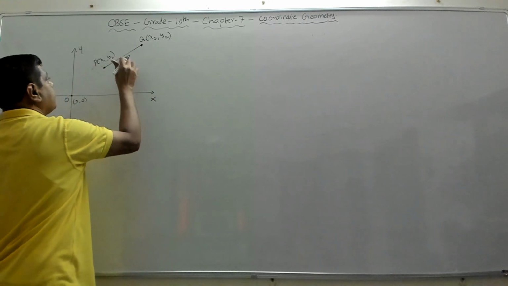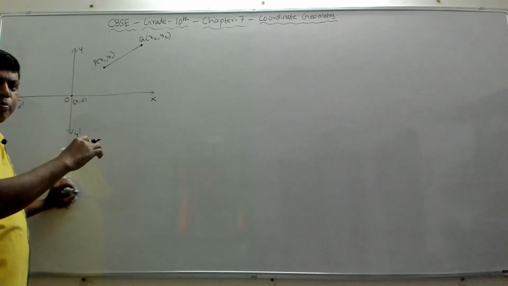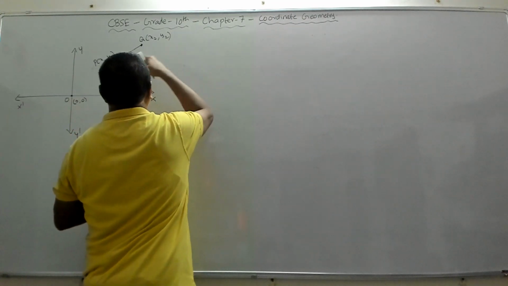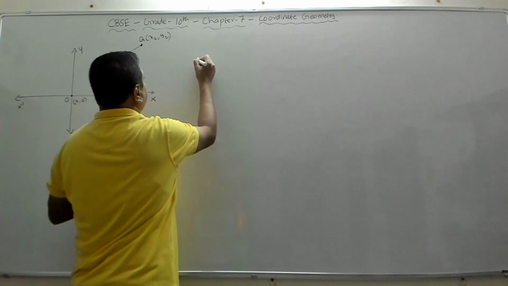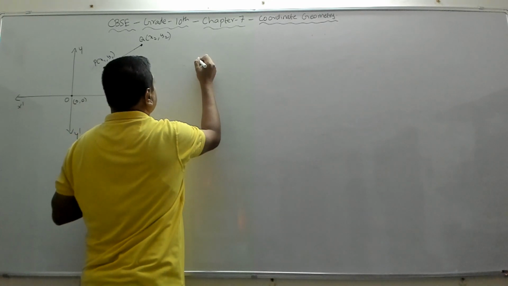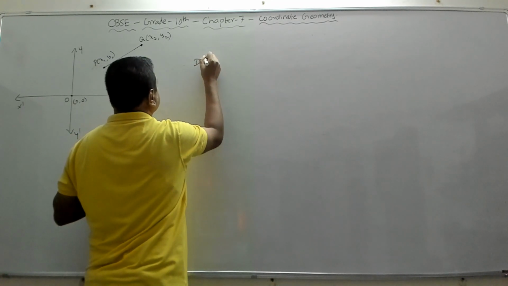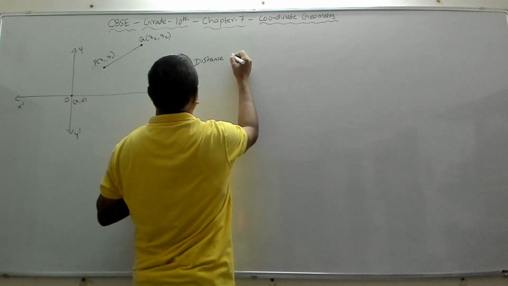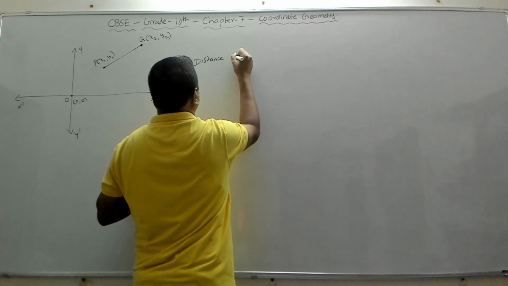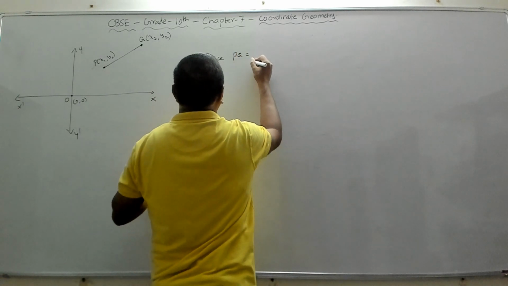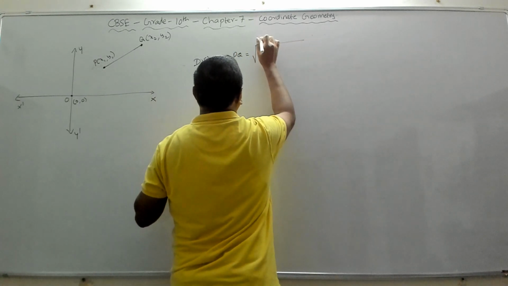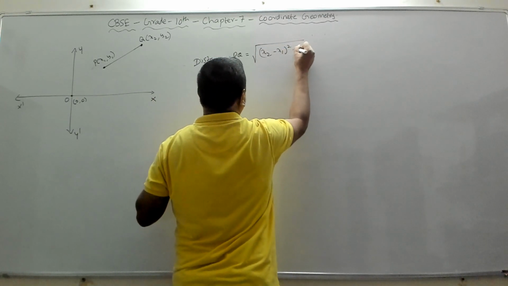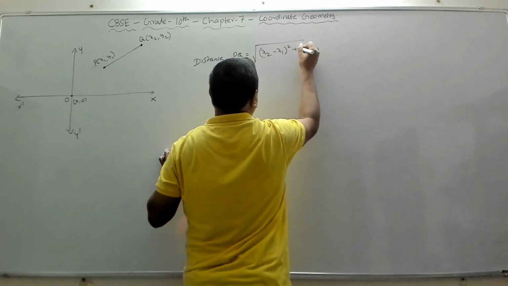if you want to find the length of the line segment PQ or QP, then the distance between these 2 points is given by the formula D, or distance PQ, is equal to the square root of (x2 minus x1) the whole square plus (y2 minus y1) the whole square.